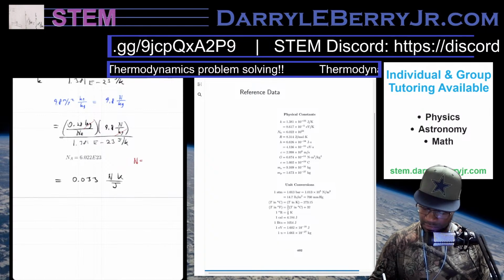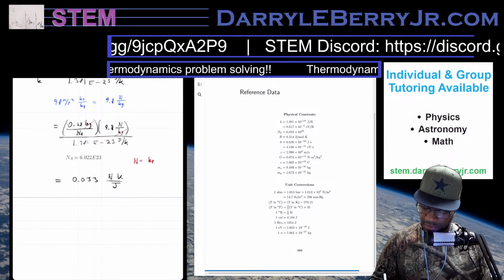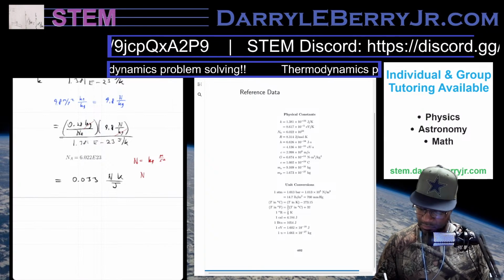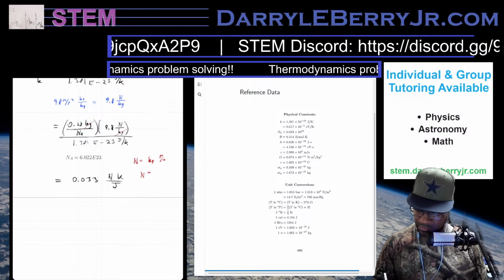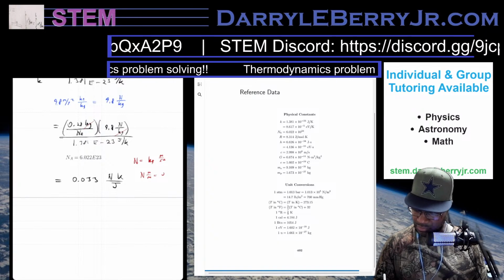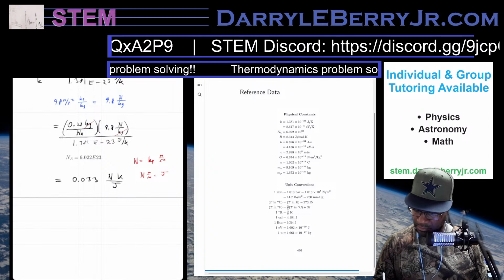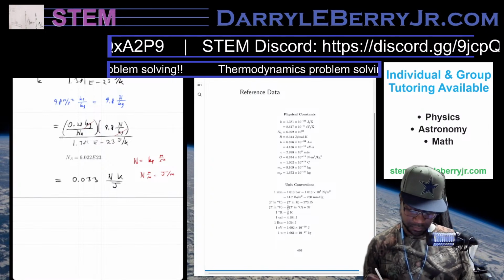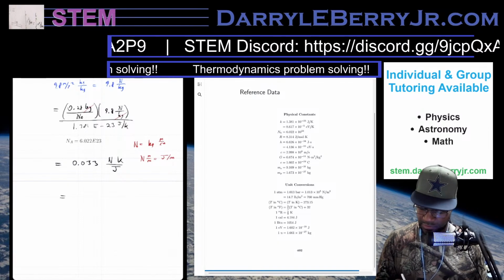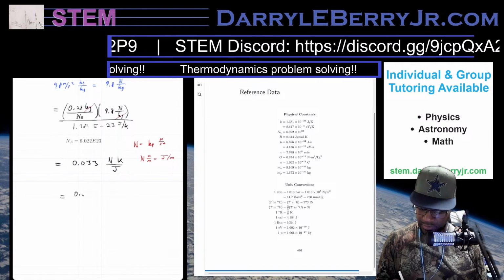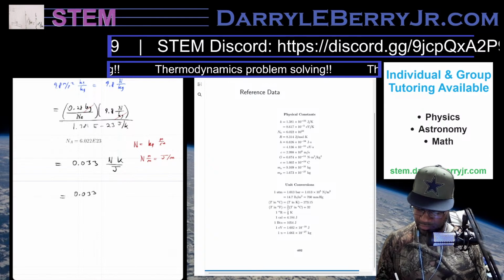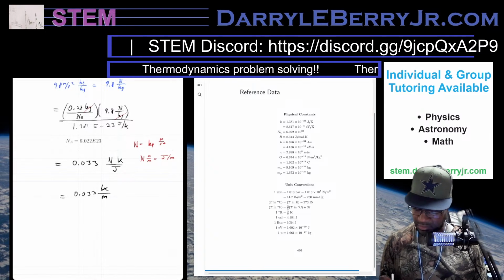A newton equals kilograms meters per second squared. So newtons times meters over meters equals joules per meter. So this equals 0.033 joules per meter, K over meters.